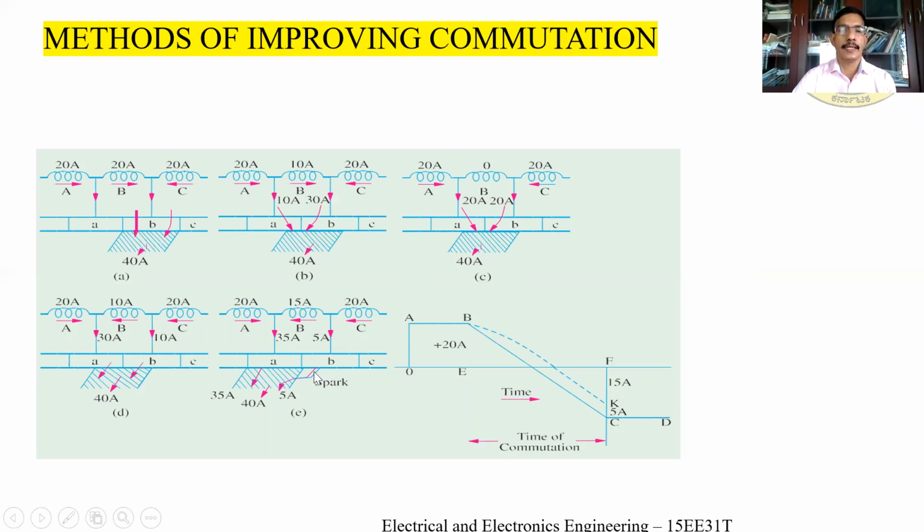In the last sketch, spark comes even though the brush shifted from this B commutator segment; current jumps from B to this brush.